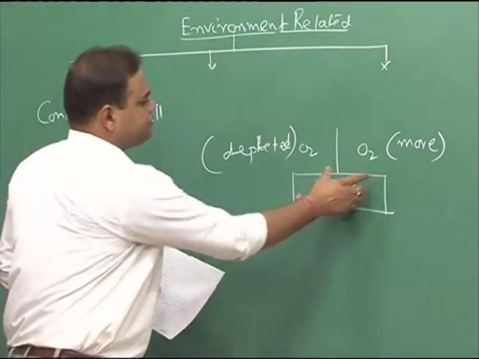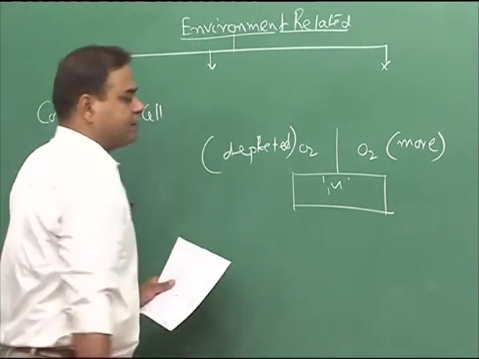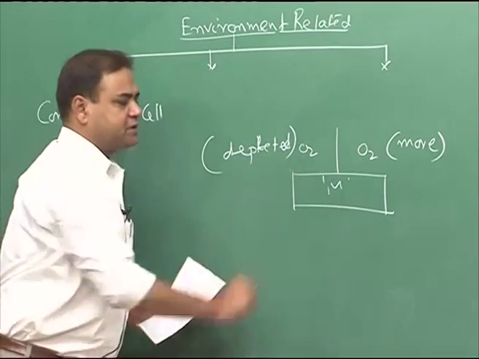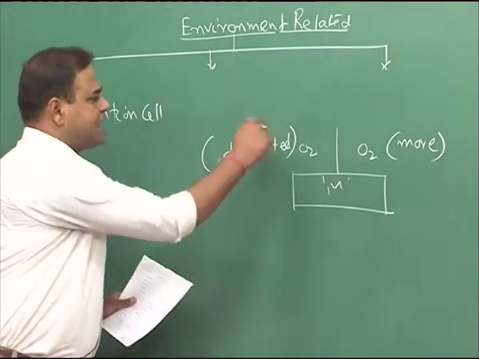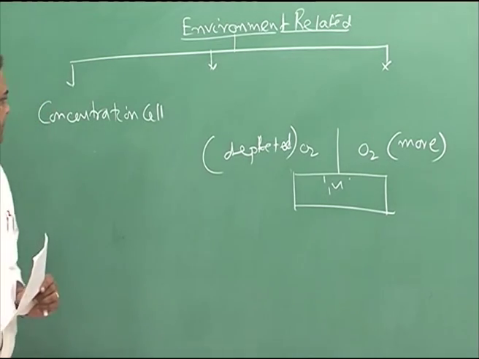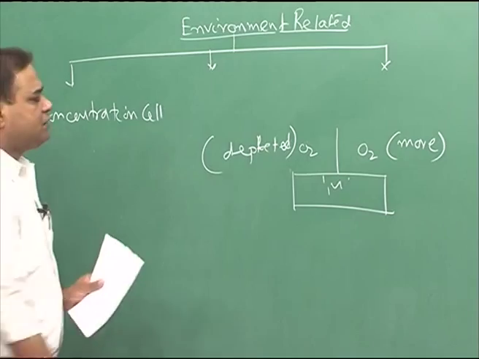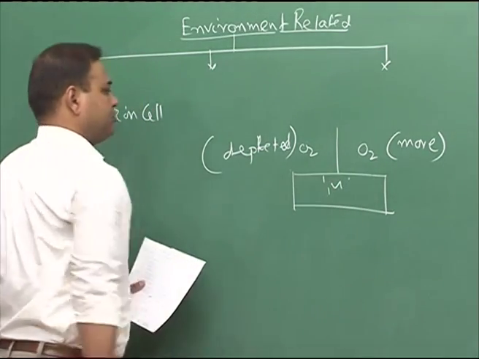In that case, this part will act as cathode and this part will act as anode, and so in this section there will be corrosion, and this is happening because of the change in concentration of dissolved oxygen. So, we are forming a concentration cell where this part is cathode, this part is anode.